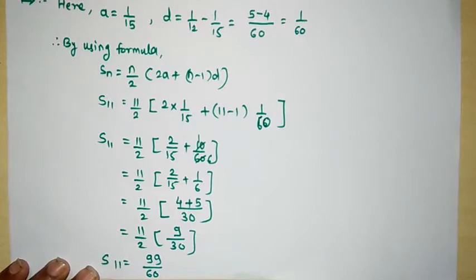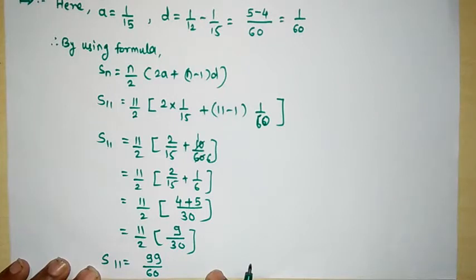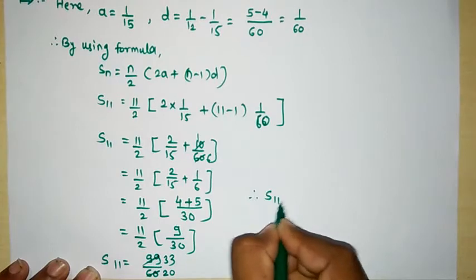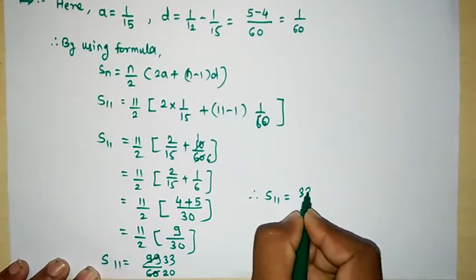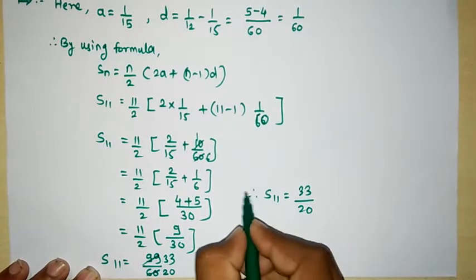Therefore we got S11 is equal to 99 by 60. We will divide it by 3: 3 3s are 9, 3 3s are 9, 3 2s are 6, and 0 as it is. Therefore we got sum of the first 11 terms is equal to 33 divided by 20. This is the answer.